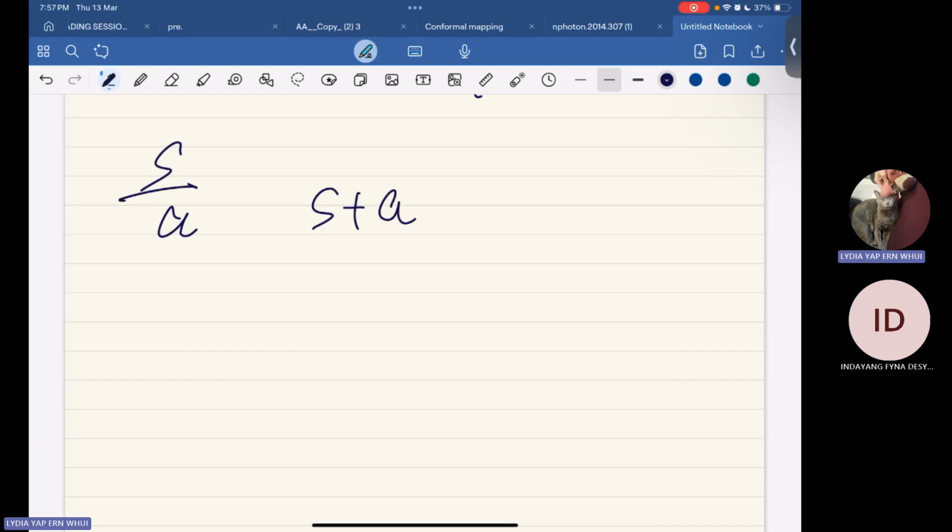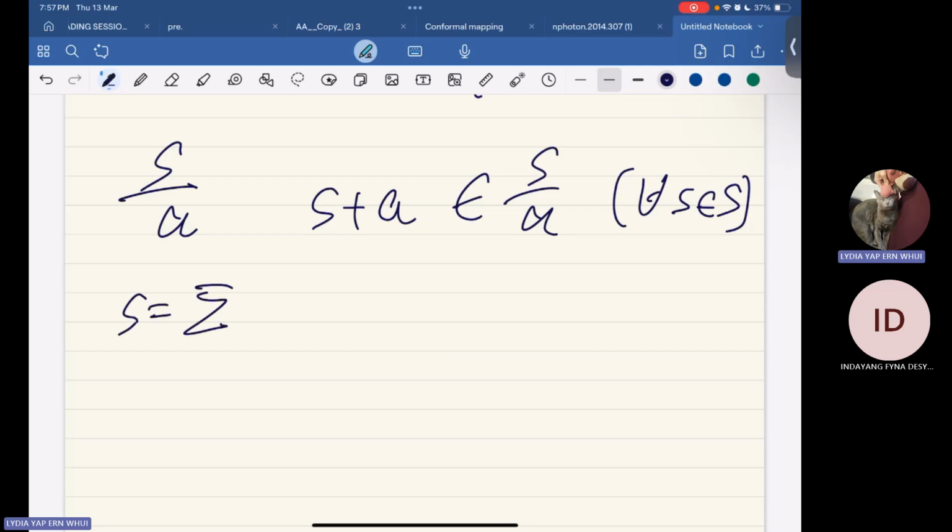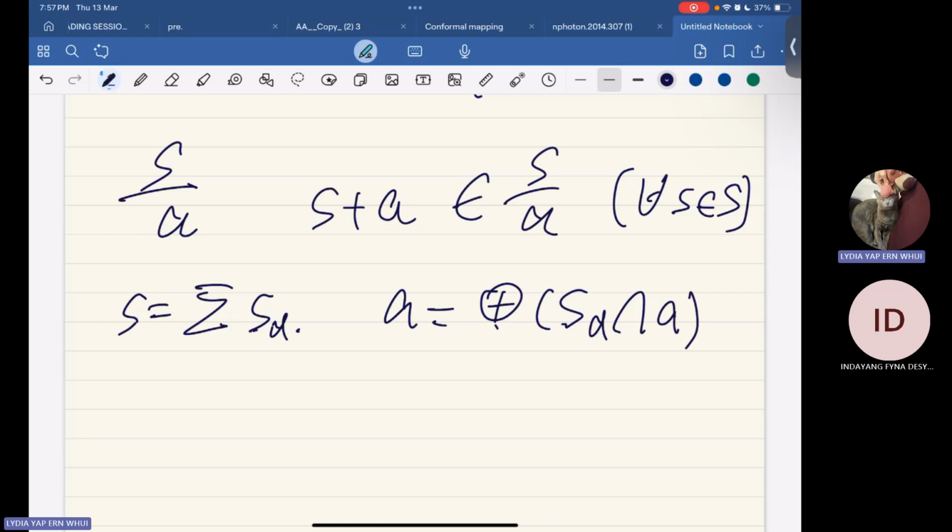For s in S, we can write s as a sum of s_d, because this is how we define direct sum, and also A equals the direct sum of (S_d intersection A). We just proved this equivalence.